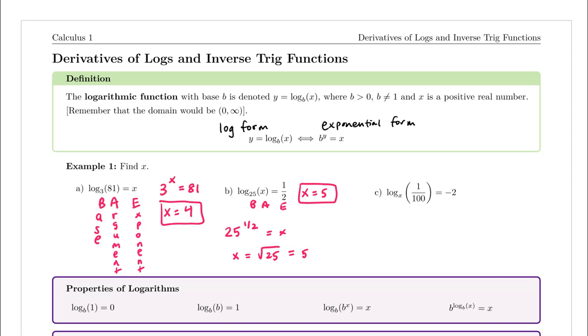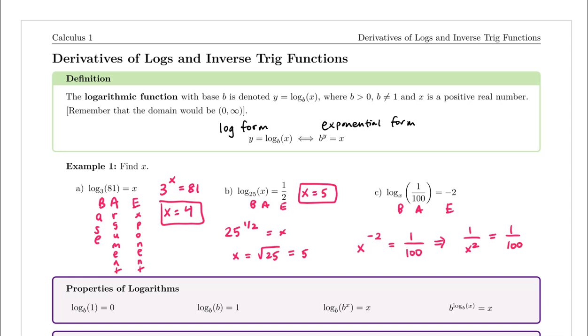Part C, we have log base x of 1 over 100 is equal to -2. So again, if I use BAE, I have my base is x, my exponent is -2, and then my argument is 1 over 100. And the left-hand side, x to the -2, I can rewrite as 1 over x squared is equal to 1 over 100.